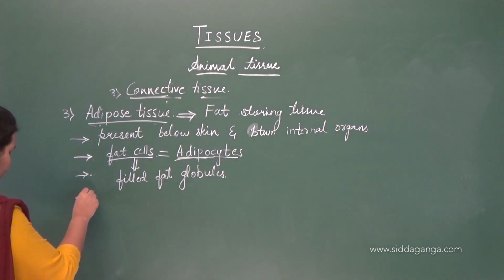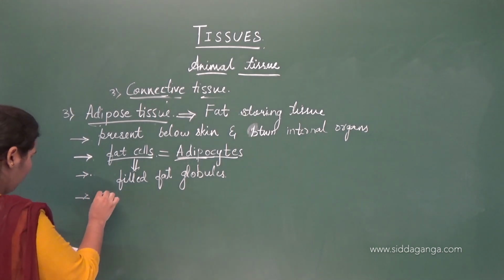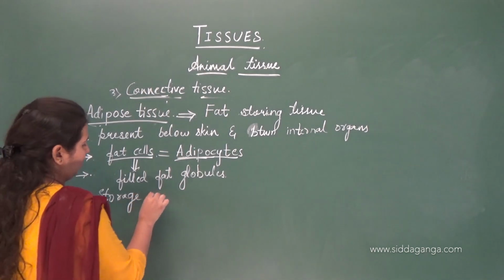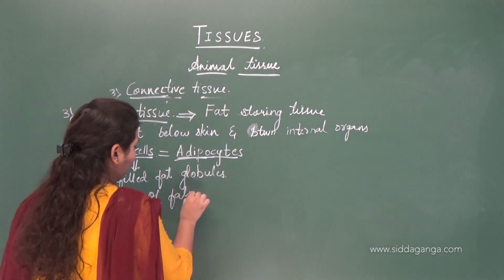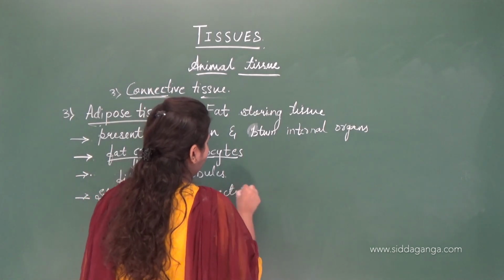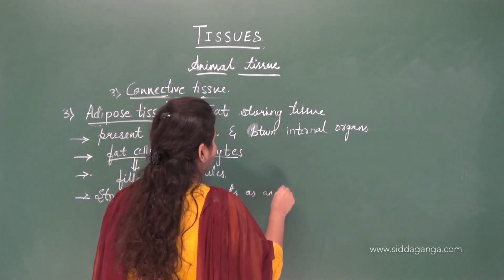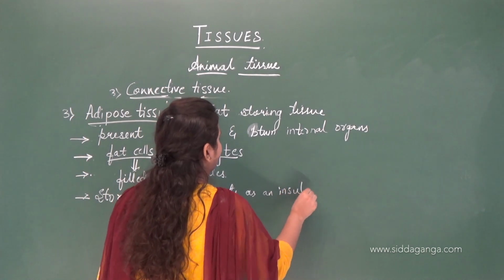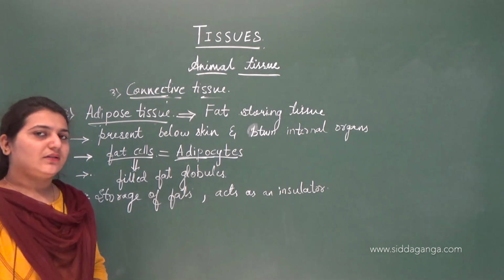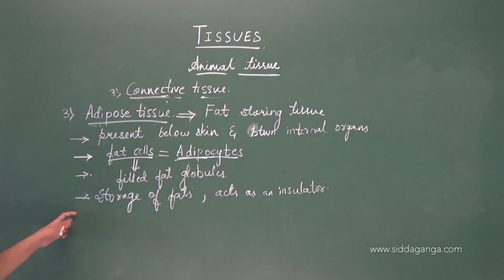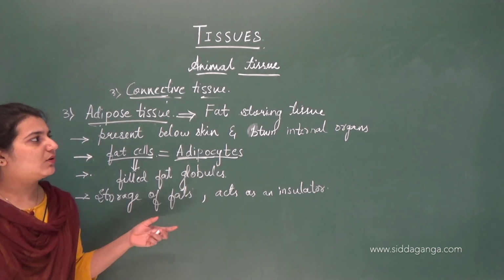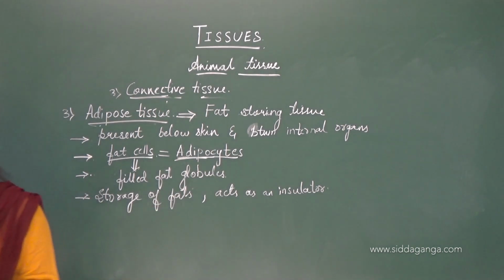The major function of this is storage of fats, and it also acts as an insulator. These fat cells act as an insulator, that is, shock absorbent. So this is about the adipose tissue. Clear? So now let's see about the skeletal tissue.